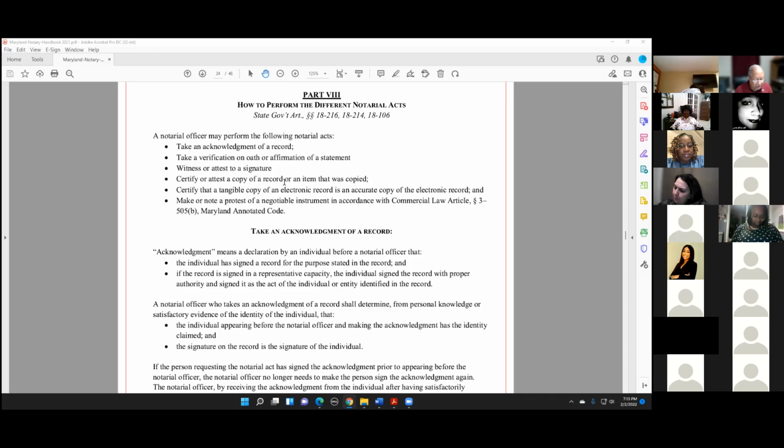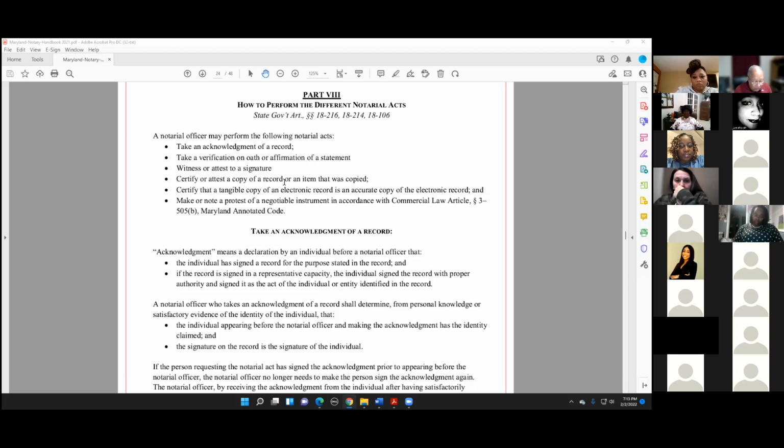A notarial officer may perform the following notarial acts: take an acknowledgement of a record; take a verification on oath or affirmation of a statement; witness or attest a signature; certify or attest a copy of a record or an item that was copied; certify that a tangible copy of an electronic record is an accurate copy of the electronic record; and make or note a protest of a negotiable instrument in accordance with Commercial Law, Article 3-505, Maryland Annotated Code.